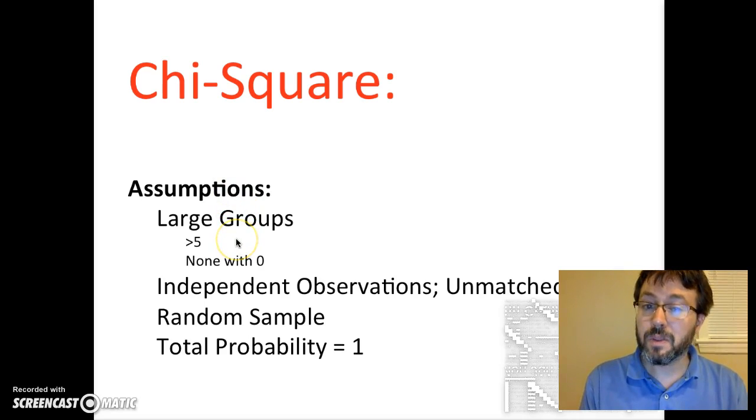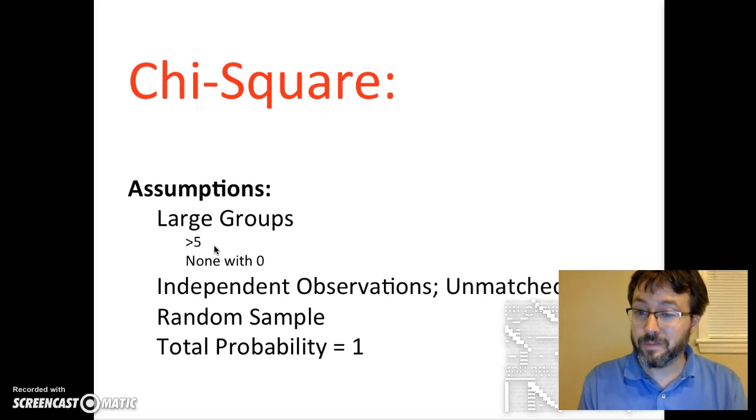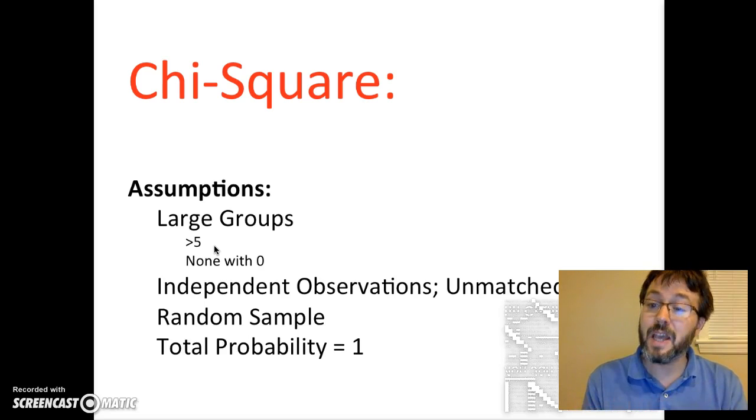It's also assumed that the observations are independent, so the faculty and the student stress levels are unrelated to each other. And if those students and those faculty are in the same courses together, that assumption may not hold true because they share that coursework in common. And so that could potentially compromise or limit our use of the chi-square test.